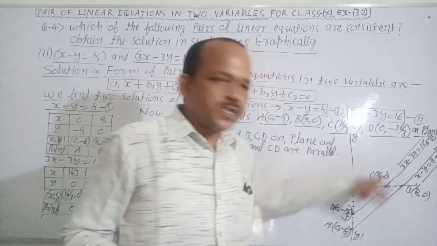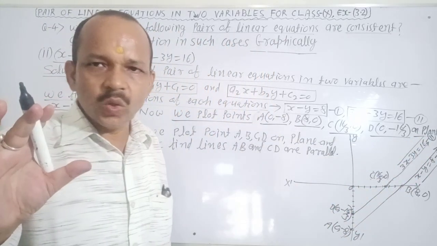Here line AB and line CD are parallel. Clear? No confusion about it.